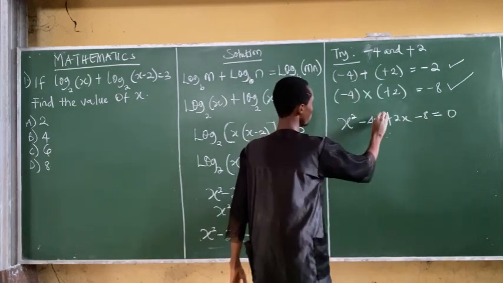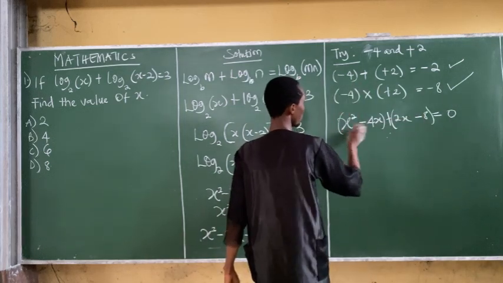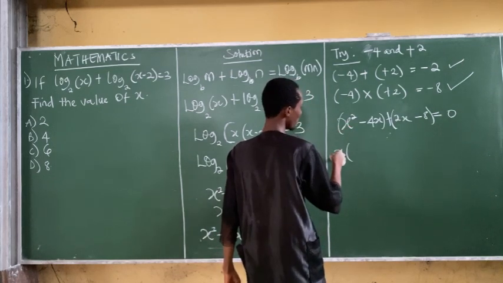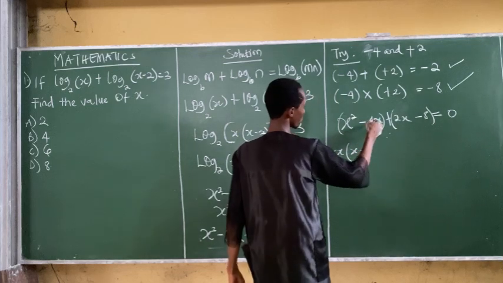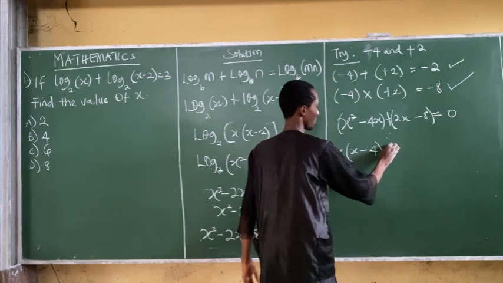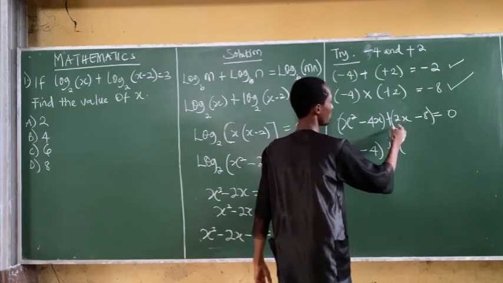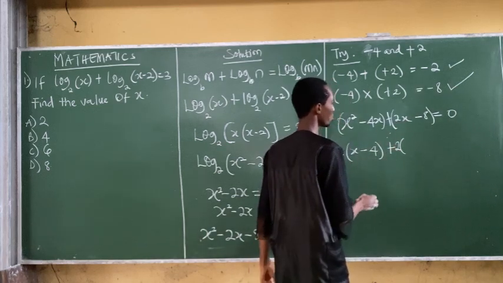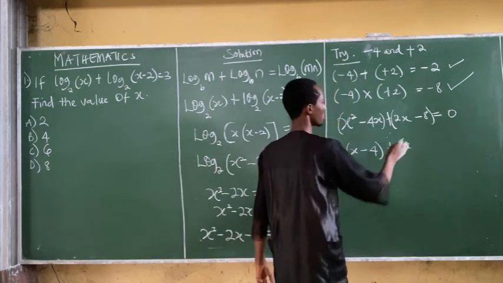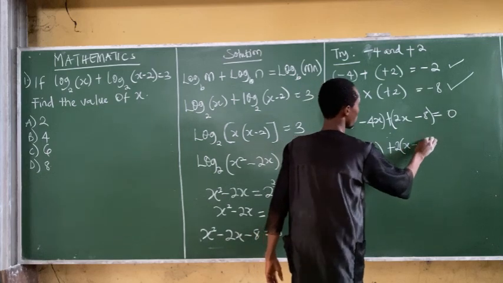If we group them, something is common here, x. x squared divided by x gives x, minus 4x divided by x gives minus 4. Plus, here 2 is common: 2x divided by 2 gives x, and minus 8 divided by 2 gives minus 4.